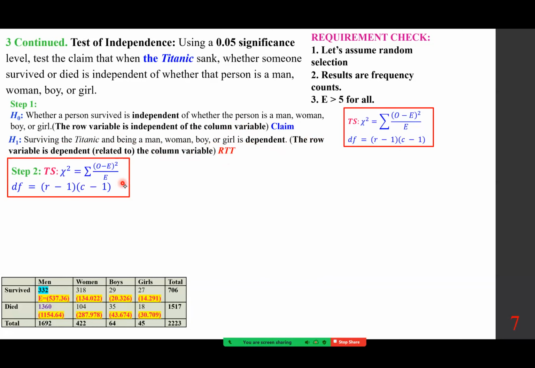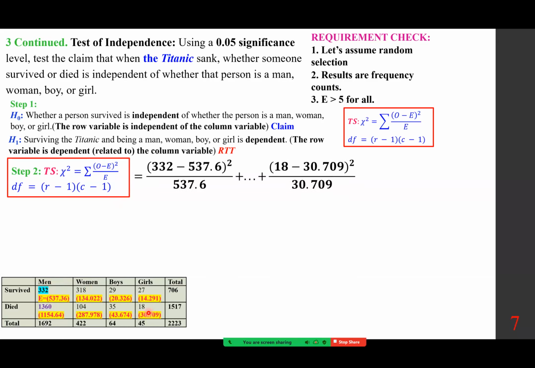Again, the process normally is done by technology, but just to give you an idea how this works: observed minus expected, squared, divided by expected. So 332 minus 537.36 squared divided by 537.36, plus 318 minus 134.022 squared divided by 134.022.